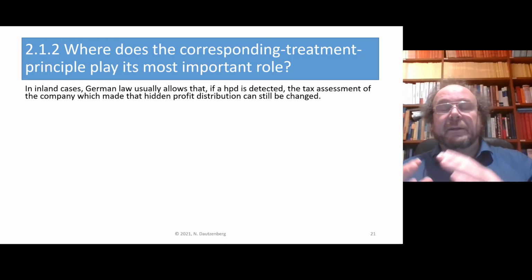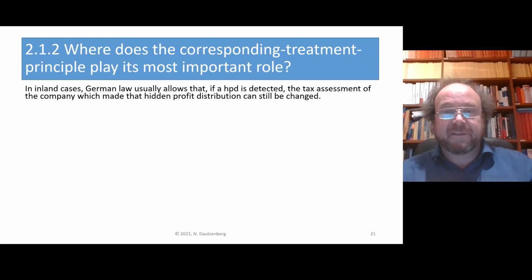So then automatically you can establish the correct treatment on both levels. So the corresponding treatment principle will have no lasting effect, because once the GmbH has been correctly taxed on the hidden profit distribution amount, the shareholder gets the right to the 25%, to the 60/40 rule, or to 8B1.